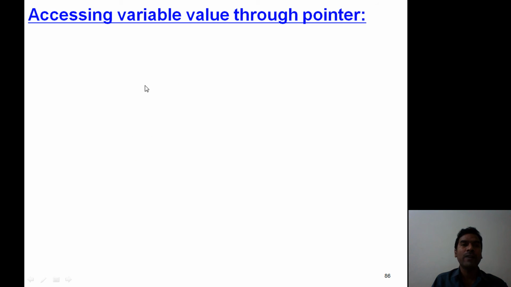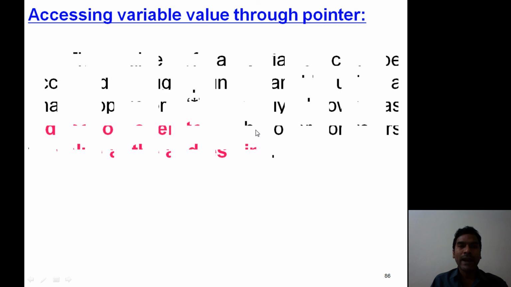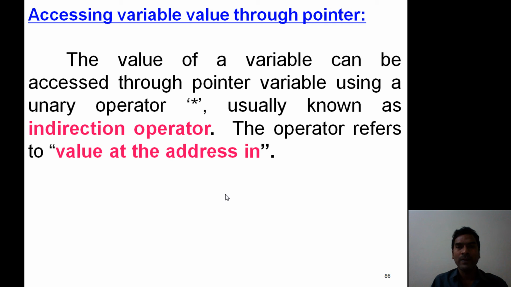For this we go for how to access the variable value with a pointer. To access a variable value with the help of a pointer, the C language supports a unary operator asterisk, which is known as the indirection operator. Here we use the indirection operator, which is indicated with the asterisk symbol.